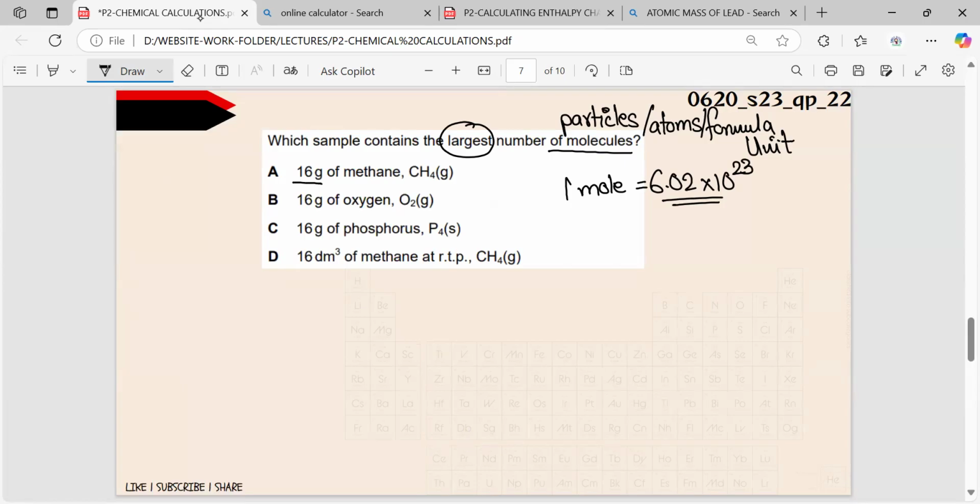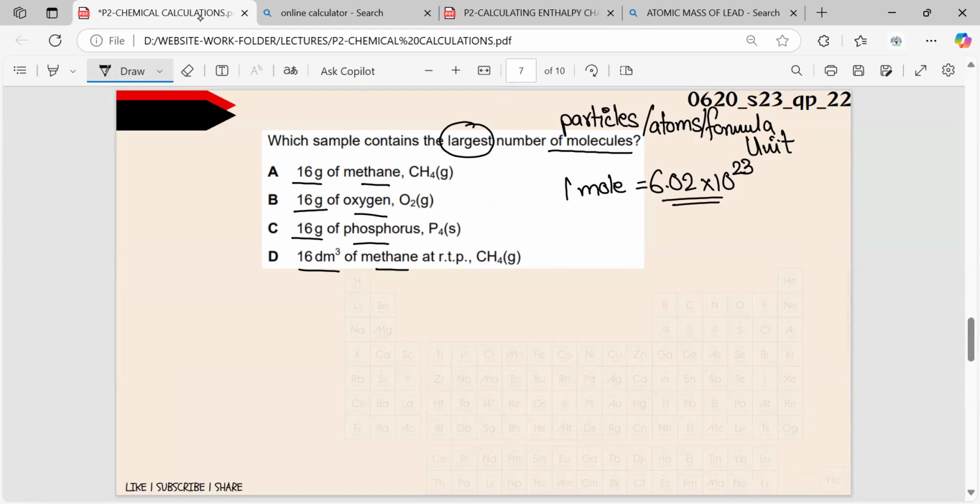Now, whatever mass or volume is given to us, we will convert them into number of moles. We'll find the number of moles of each substance in all the options, and then we'll see whose number of moles is the largest. Obviously, if substances have the greatest number of moles, then their number of molecules should also be more.